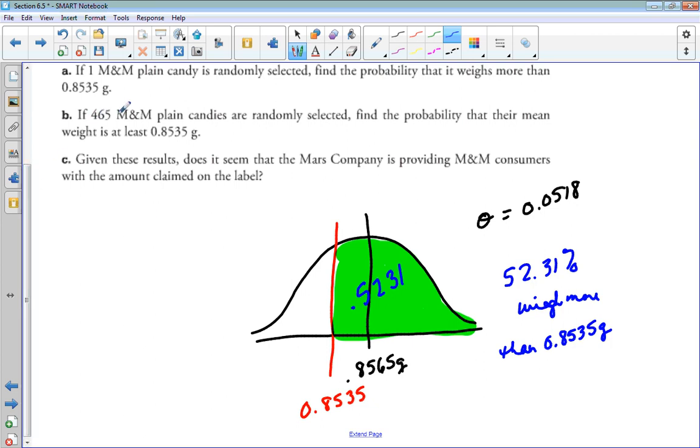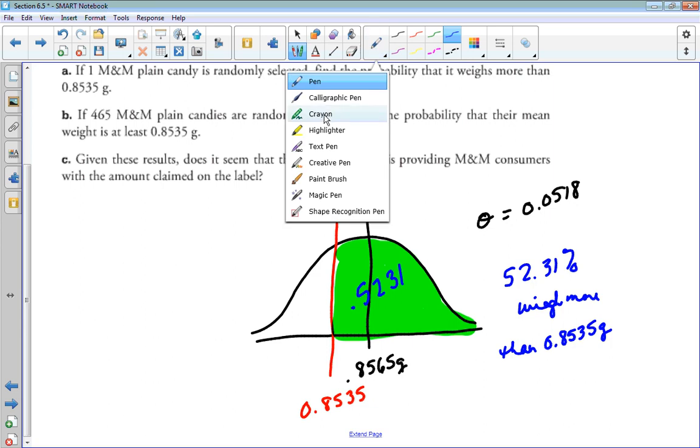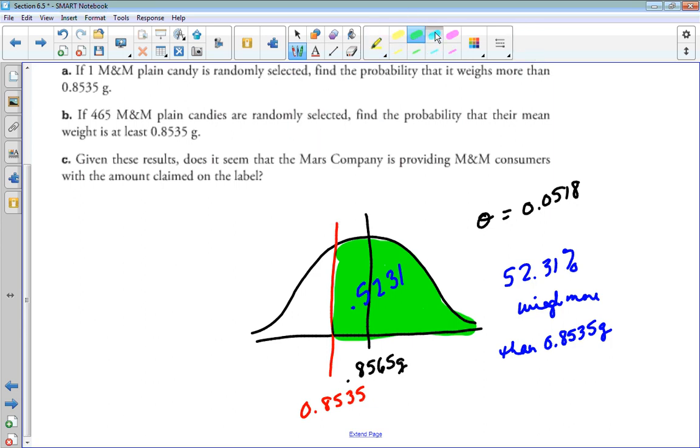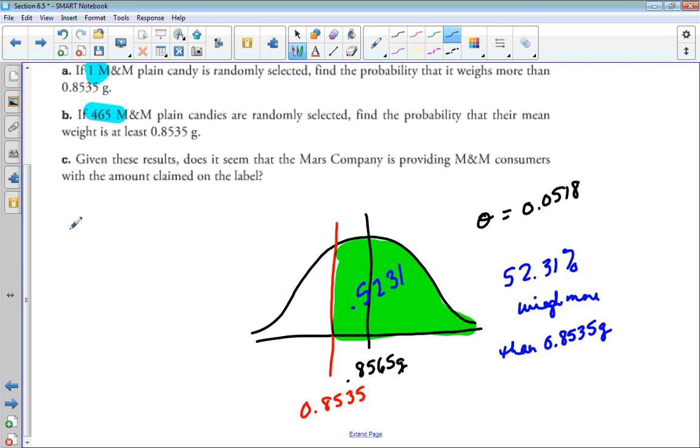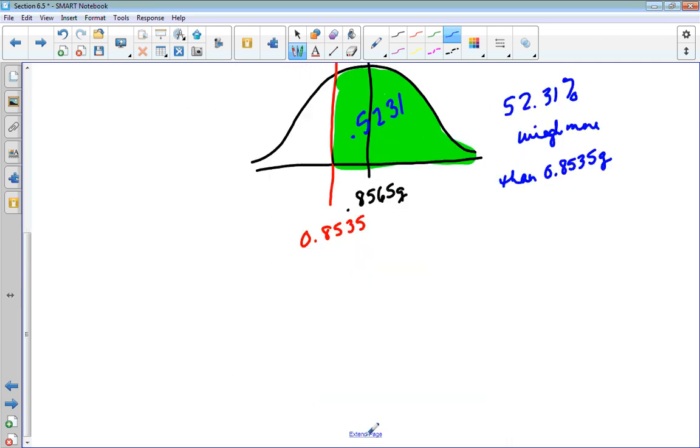So now I'm not choosing one, I'm choosing 465. So 465 instead of 1. So remember how my standard deviation changes.